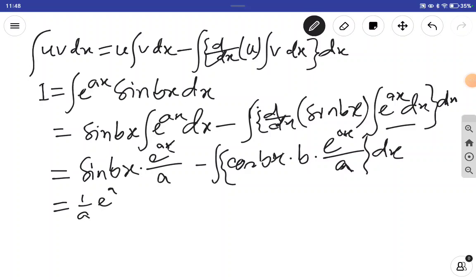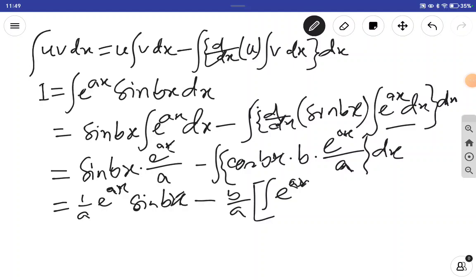Then e to the power ax sine bx minus b divided by a integration e to the power ax cos bx dx.